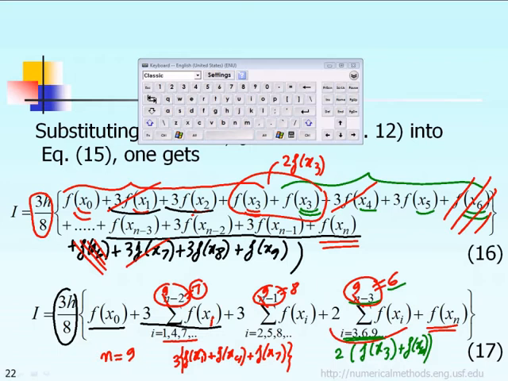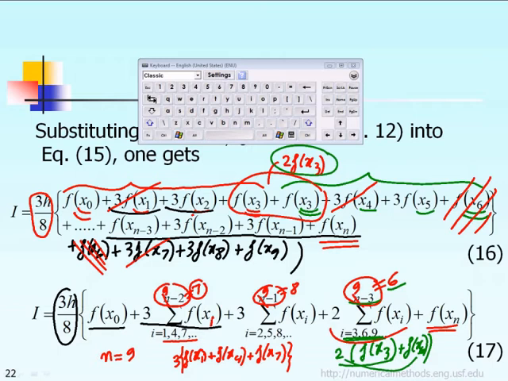Here you have 2 times f(x3). That term is right here. You see that?